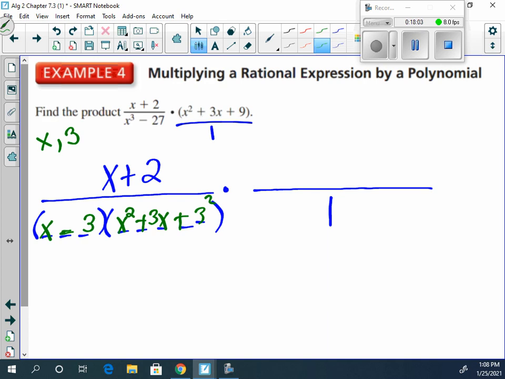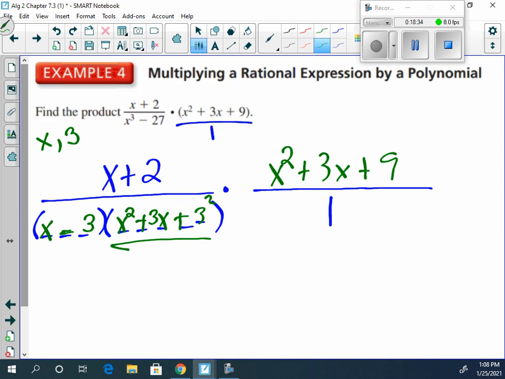Wait a minute, does that quadratic look a little similar? This one here does, doesn't it? X squared plus 3x plus, well, 3 squared is 9. You know what we have up here already? So for starters, we're not even going to try to factor it, because since x squared plus 3x plus 9 was the quadratic part of the difference of perfect cubes, it means already that this will not factor.